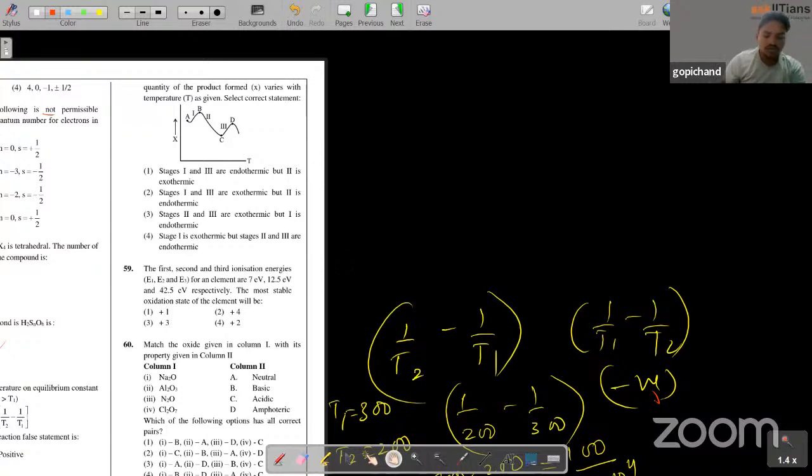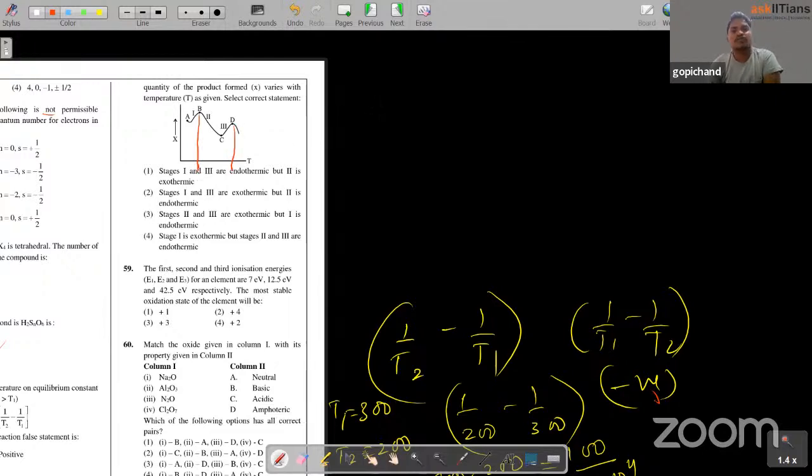So you should always think that the stages where there is a steep, we can also clearly understand from this particular graph of product formation and energy gap. So this is simply nothing but activation energy. This is an activation energy graph, EA1 and EA2.